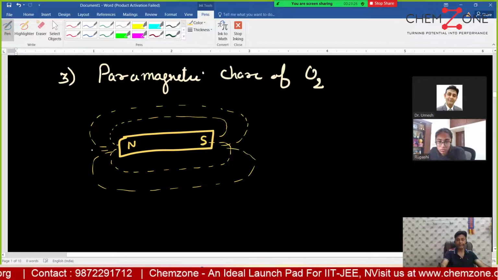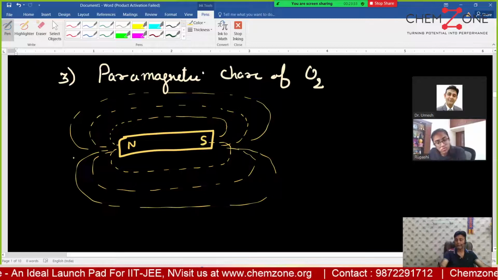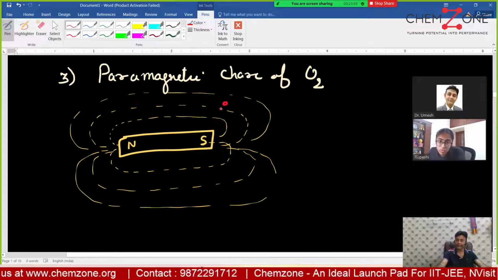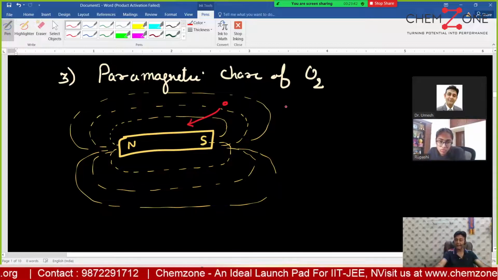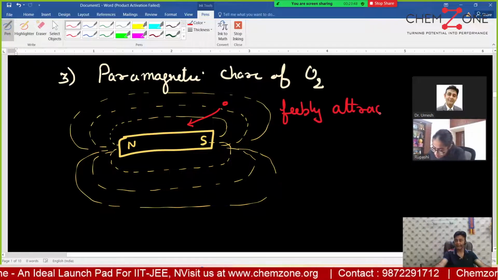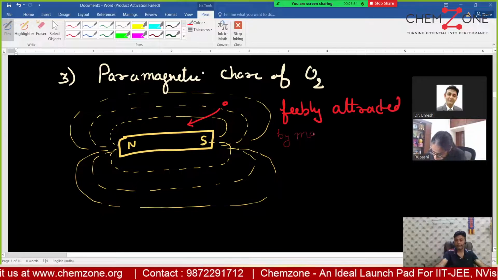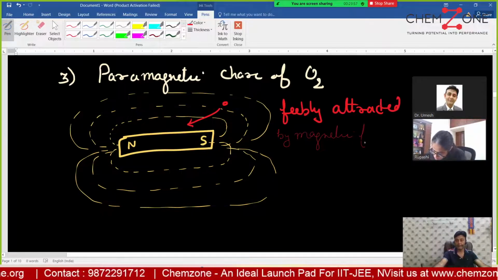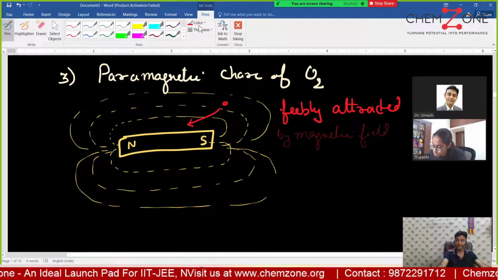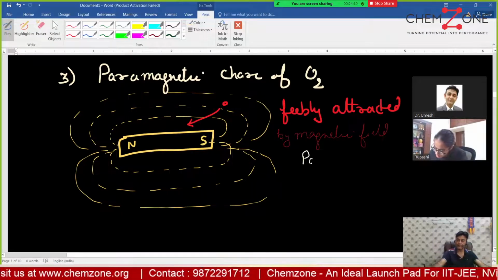In this magnetic field, if any substance comes into it and feels feebly attracted by the magnetic field, that substance is called paramagnetic.